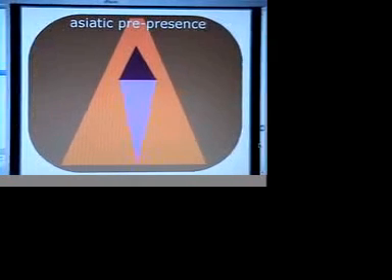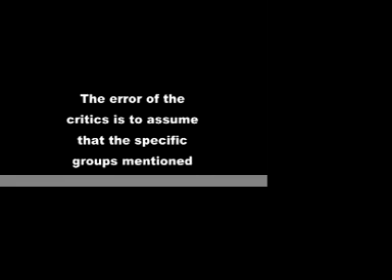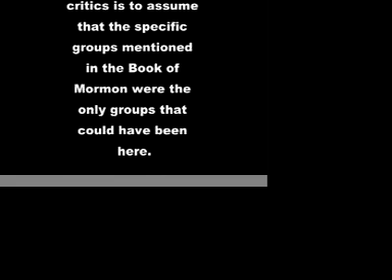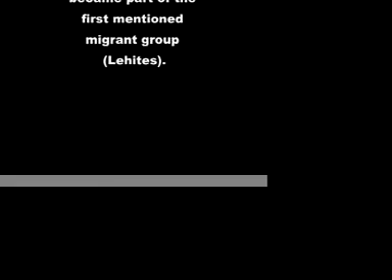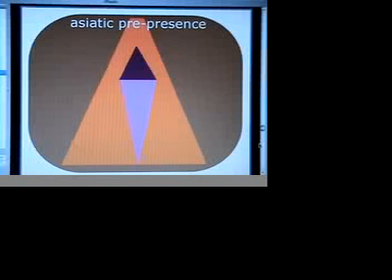Now, to address this, we need to get over a key erroneous assumption of many LDS critics. That is, that the Book of Mormon never claims that the Americas were without inhabitants at the coming of the several migrant groups mentioned in the Book of Mormon.